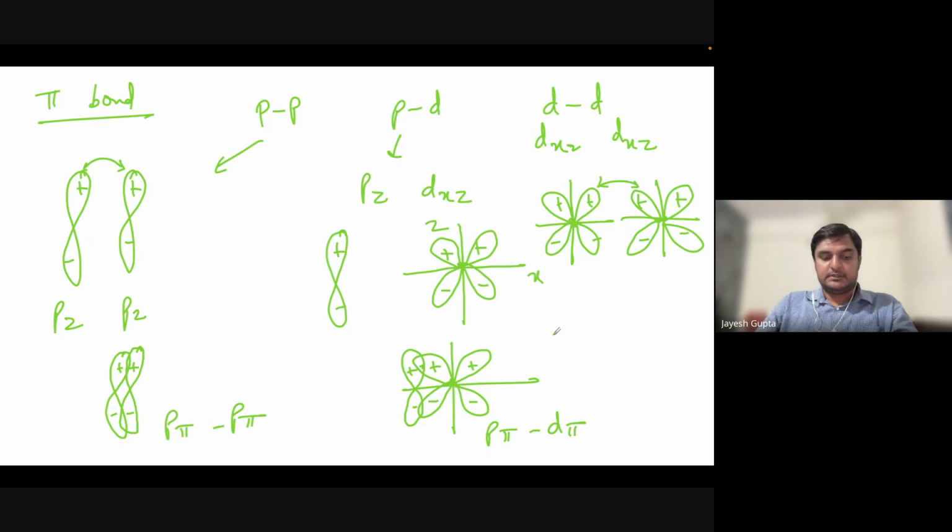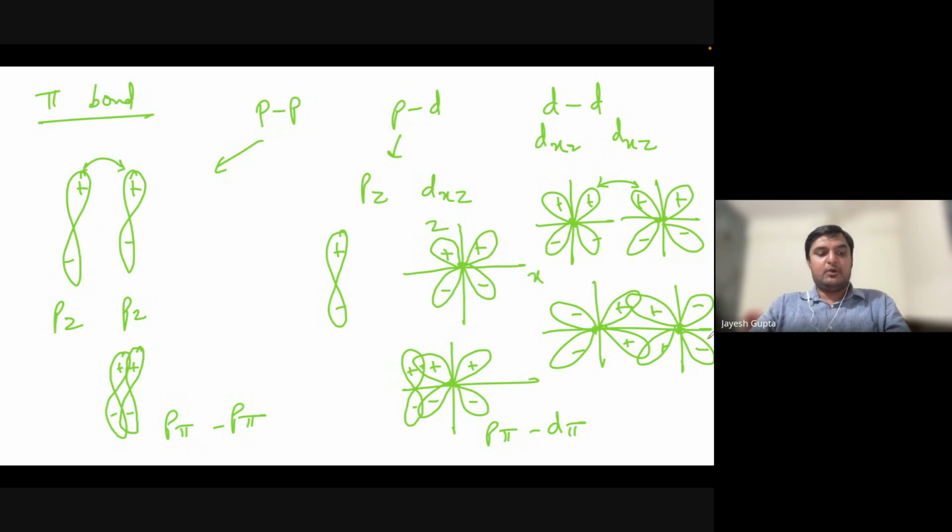When they make the bond, they will look like this. So in this way, a pi bond is formed. Any doubt in this?